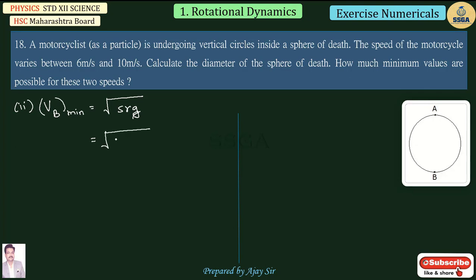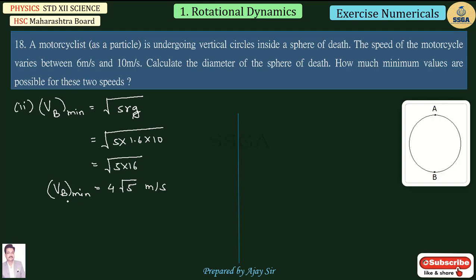Putting r equals 1.6 and g equals 10, we get the square root of 5 into 16, which is 4 root 5 meters per second. This is the minimum possible velocity at point B.